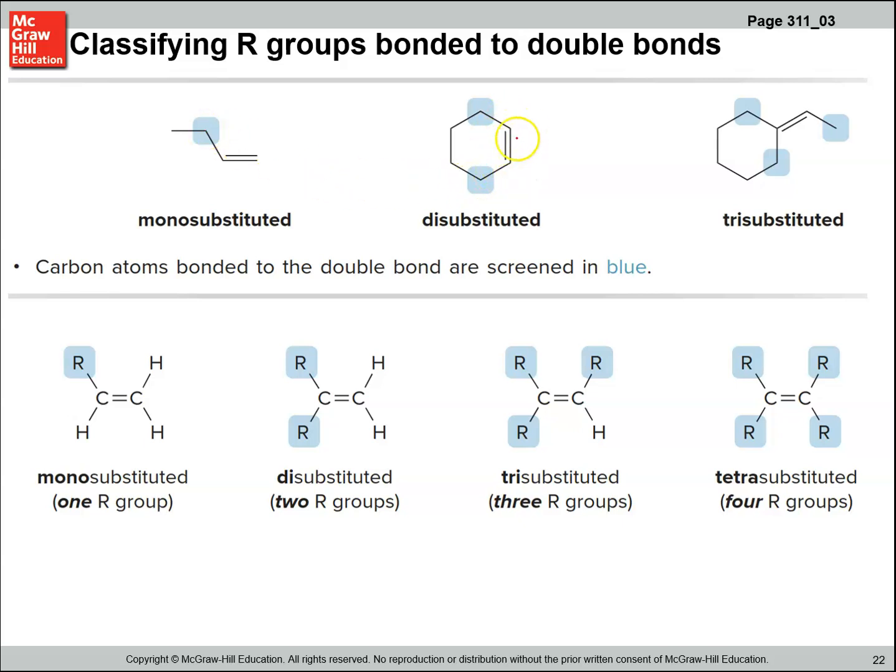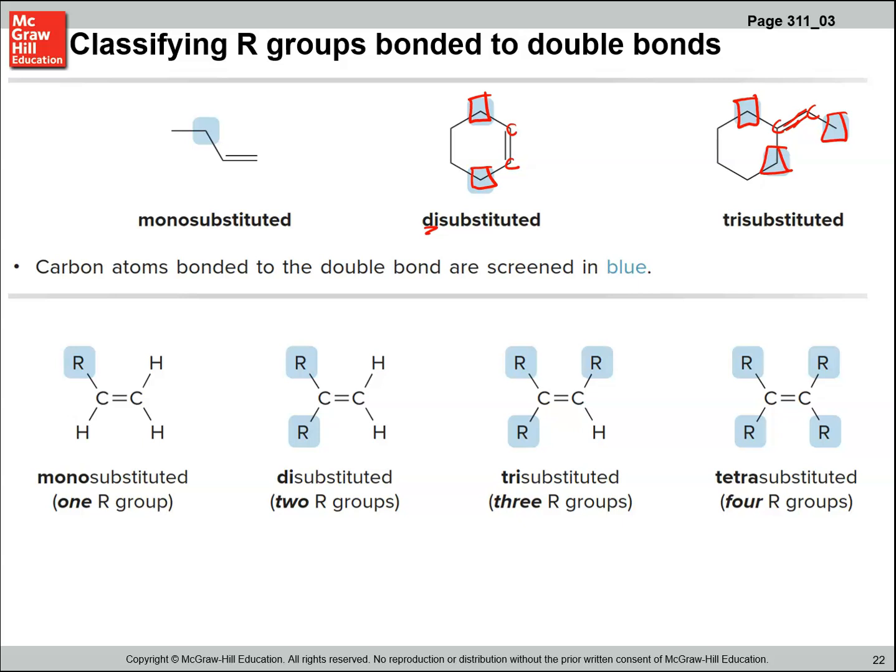Here's an example of a ring structure where we have a double bond in the ring, and now we say it is di-substituted, because there is a carbon on both sides of the double bond. We have a carbon here and a carbon here, and our other carbons attached to the double-bonded carbons are here and here. So that's why we have di-substituted. On the third one we have the double bond, again with a carbon and carbon on both sides, and then other carbons associated with all of those carbons, so we have a tri-substituted double bond.